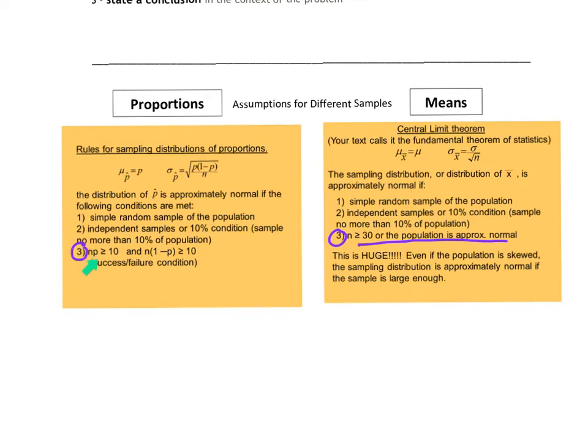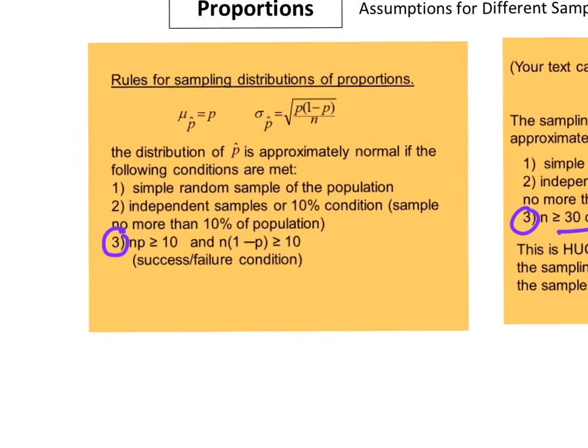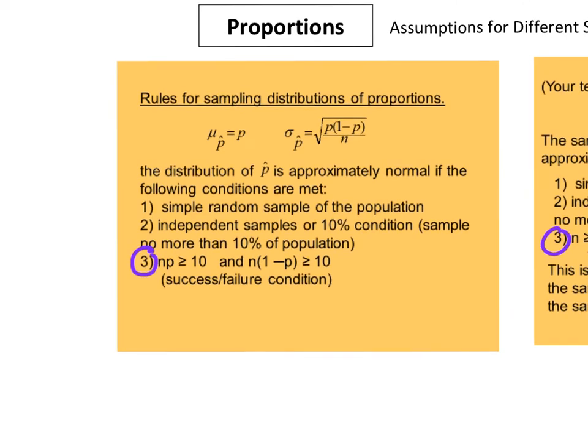So if I have a 70% chance of success, if my p is 0.7, let me write that out. Let me zoom in here. So it's called the success and failure condition because, for example, if my p-value is 70%, if this is my success rate, then what's my failure rate? What's my failure rate? 1 minus p.